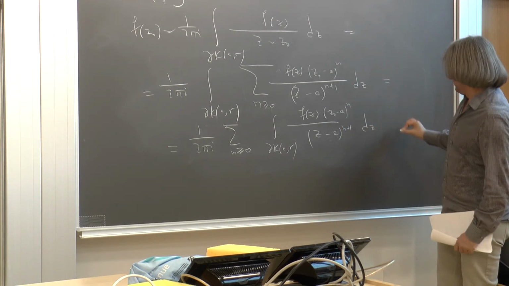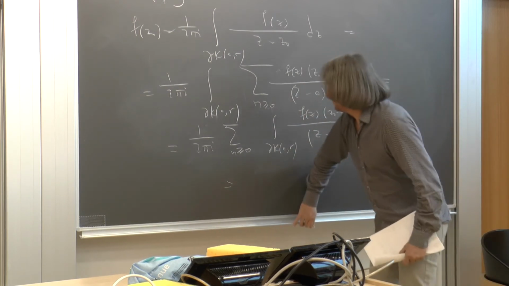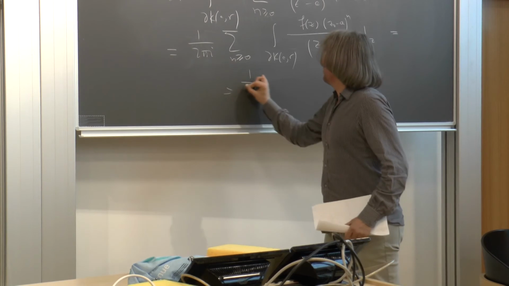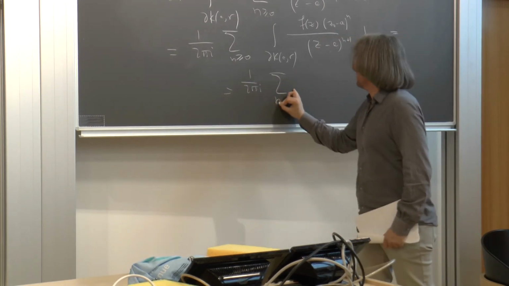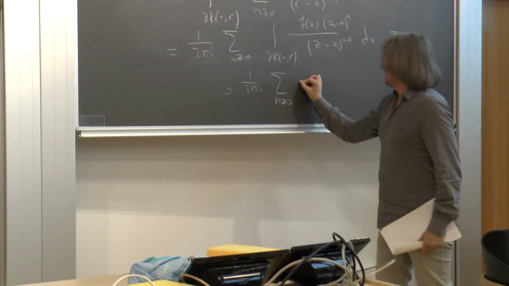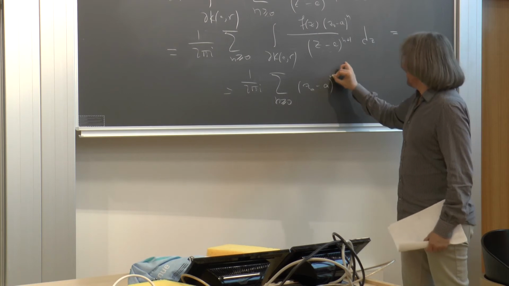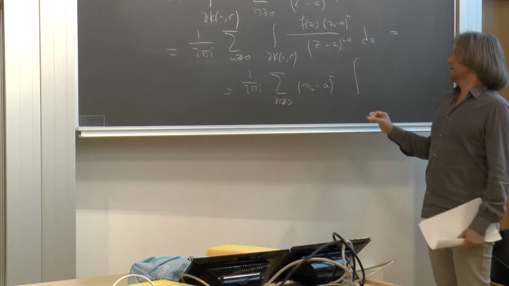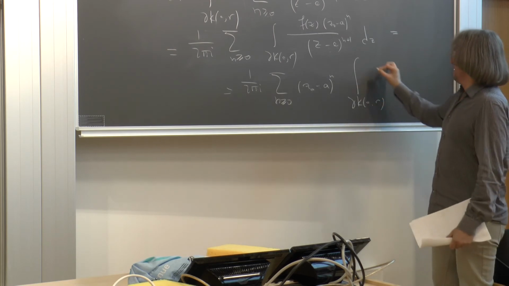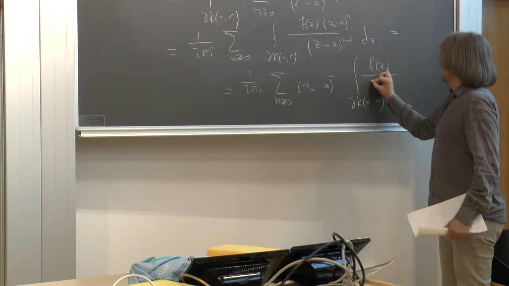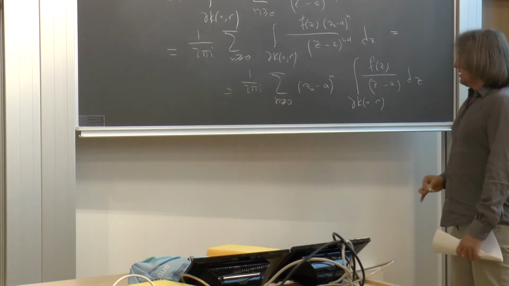So this is 1 over 2 pi i, the sum n greater or equal to 0 of (z naught minus a) to the n times the integral over the circle of f of z over (z minus a) to the n plus 1 dz.